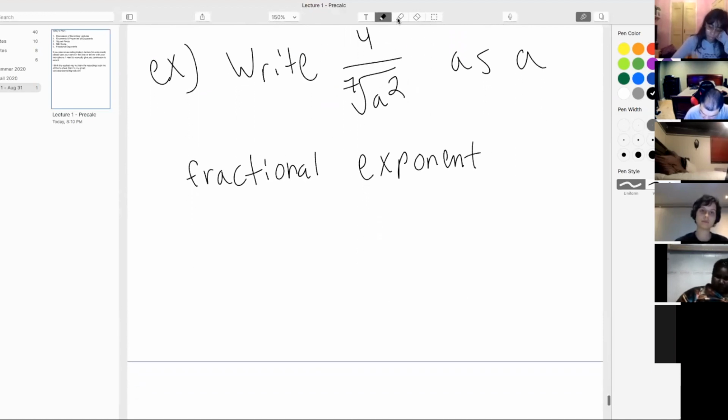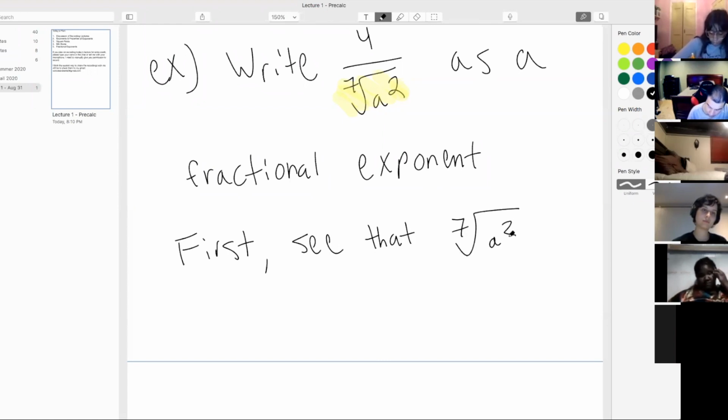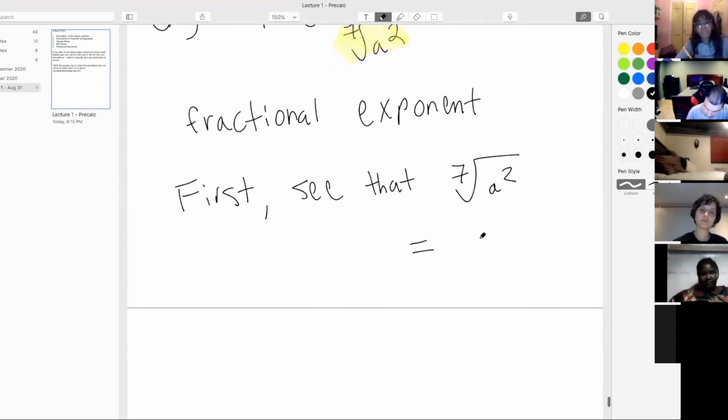Let's first hone in on the expression in the bottom. The 7th root of a squared equals, in fractional exponent form, a to the 2 over 7. So I'm using the definition in reverse. I hope that's okay.